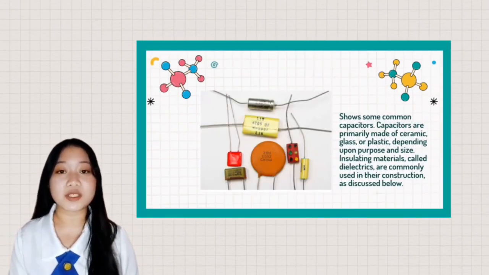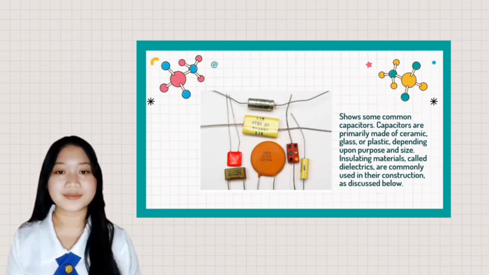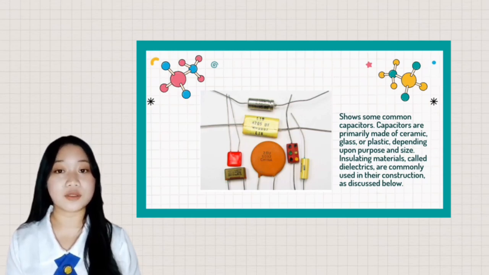This shows some capacitors. Capacitors are primarily made of ceramic, glass, or plastic, depending on purpose and size. Insulating materials are called dielectrics, and they are commonly used in construction, and will be discussed after this.